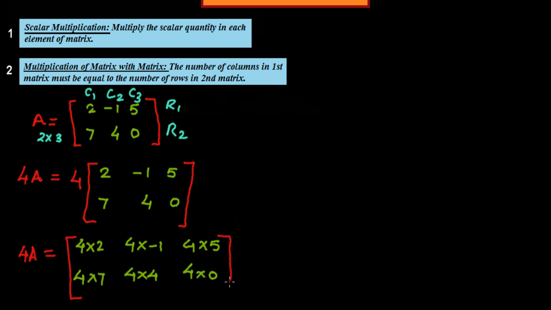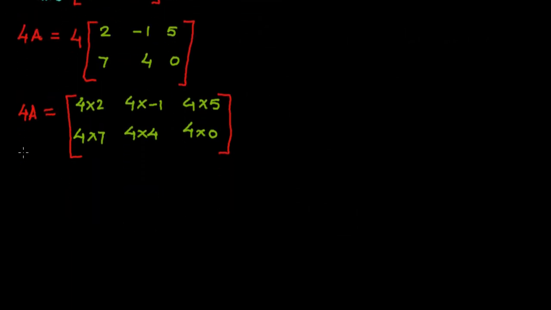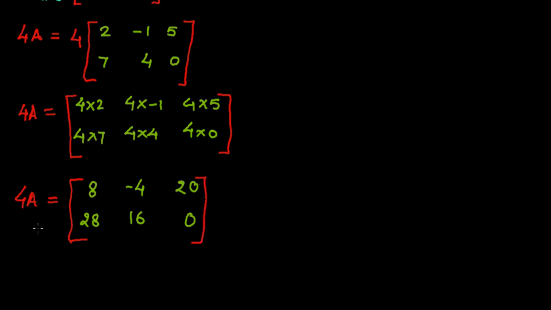Now 4A is equal to 8, -4, 20, 28, 16, 0. So we get the scalar multiplication of the matrix. We have multiplied matrix A by 4, so this is the answer.